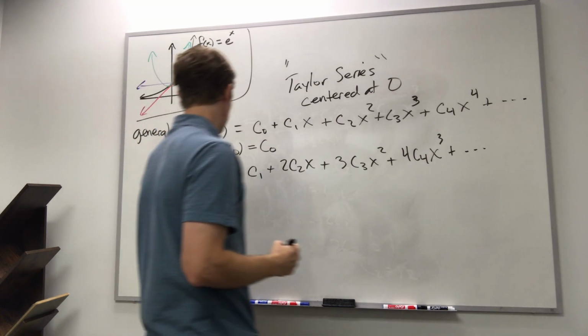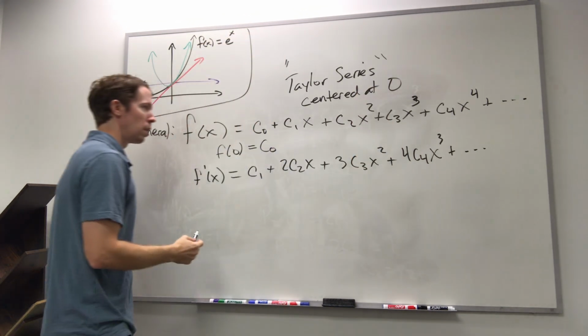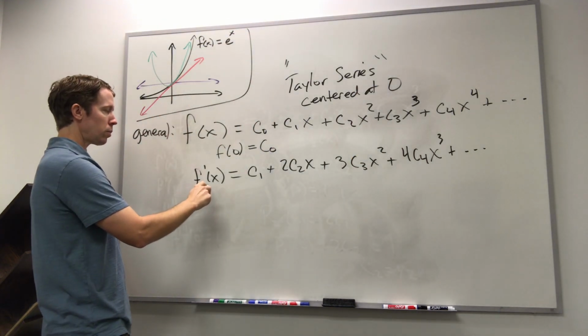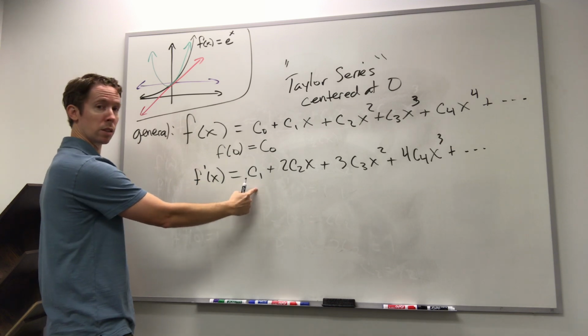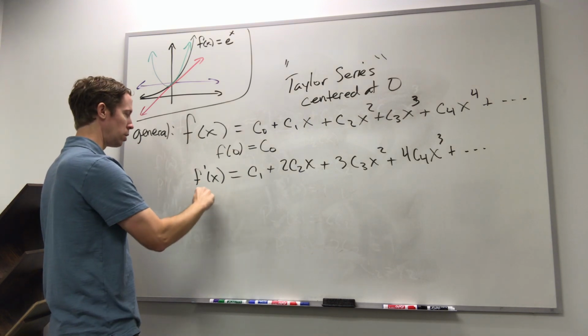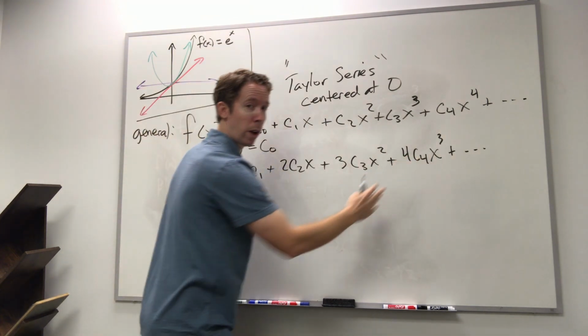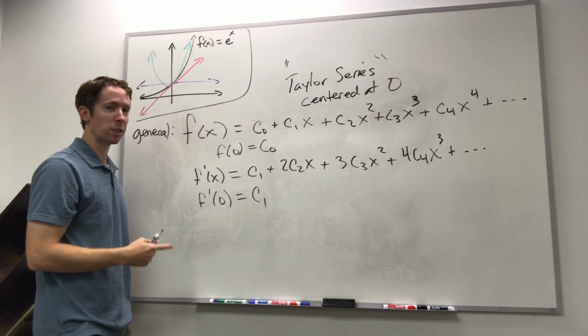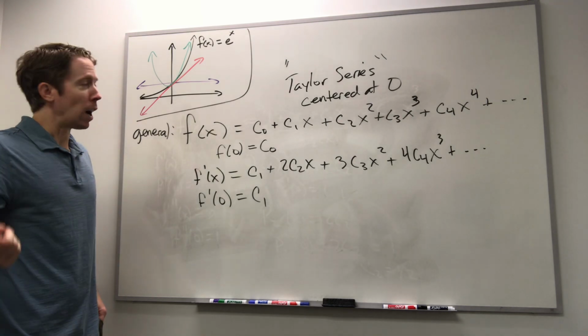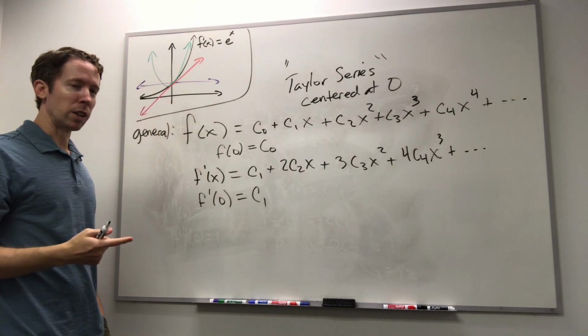Maybe it would be good to go ahead and write that. I'll leave it alone. Once I have this, then to solve for c1, I just plug in x equals 0. All of these terms go away. I have c1. So, I told you there's a nice simple way for finding all these constants.